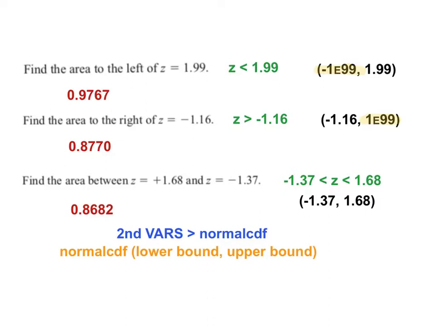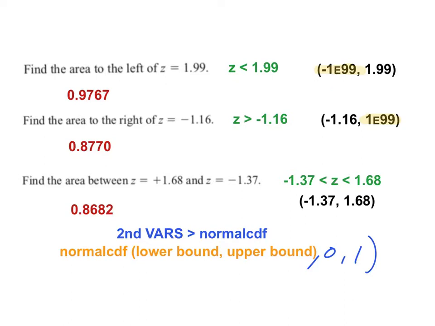So if you type in, for example, on this first one, let's actually go into the normal CDF command. If you go back into second vars and you plug this in down here, your lower bound now is going to be negative 1 times 10 to the 99th power.